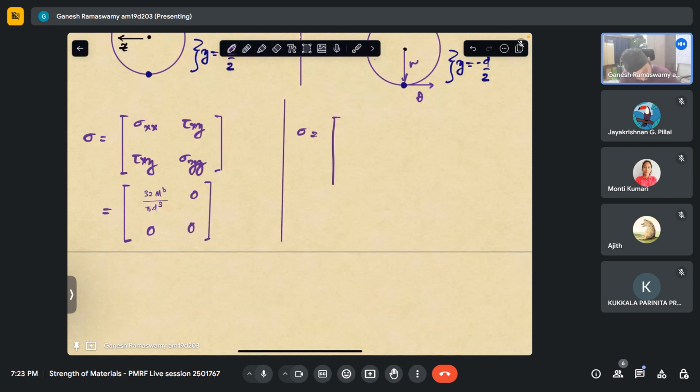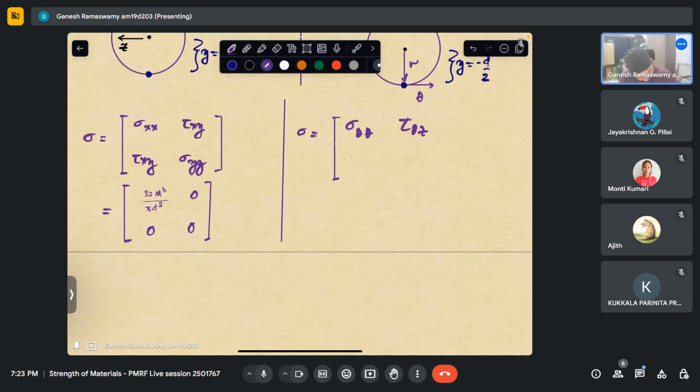I will have sigma theta theta, tau z theta, or just equality of cross shears I'm using here, and then this will be sigma zz.